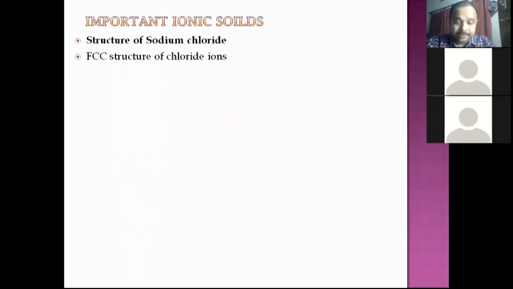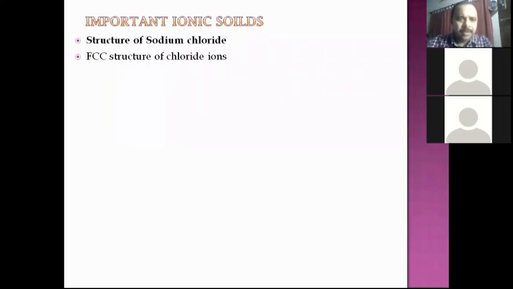Obviously chloride, because in an atom of atomic number 17 there are 17 electrons, but in sodium chloride it is Cl minus, with one extra electron, 18 electrons. So Cl minus, due to the extra electron, has lower effective nuclear charge and its size is also more. Sodium has atomic number 11, but it is Na plus here. As a result, it has 10 electrons and 11 protons. Due to more effective nuclear charge, the size is less. So Na plus is smaller, Cl minus is larger. Obviously, Cl minus forms the FCC.